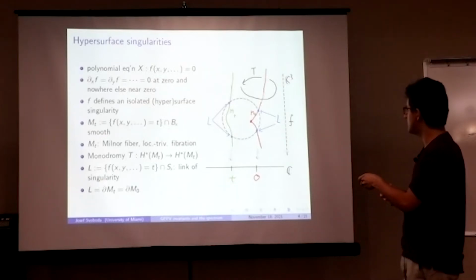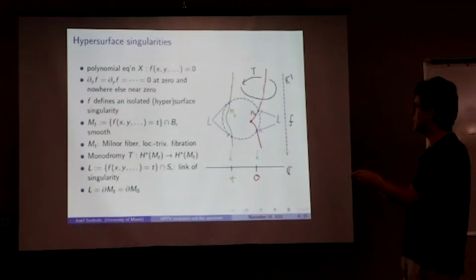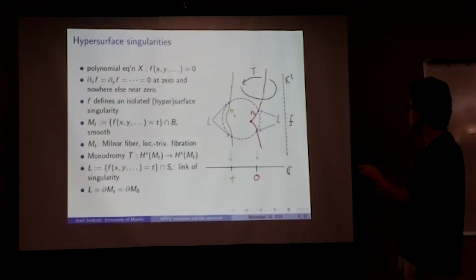So here in this picture we have this preimage of zero in the function f. So this is our singular surface at zero, and then we take some close value t, and we have a preimage which is this, the Milnor fiber.